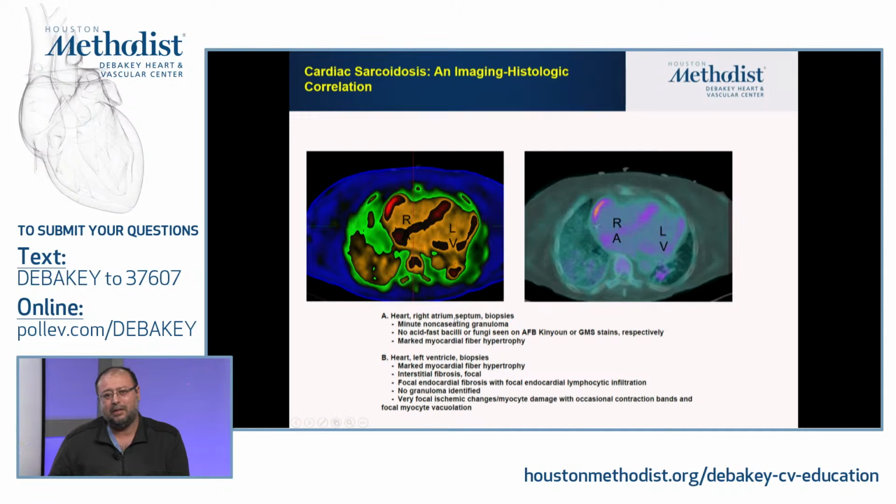The right atrial septum turned out to be positive, while the 8 biopsies from the LV were negative for sarcoidosis, which tells you about the difficulty of establishing the diagnosis based on cardiac biopsy, because many of these patients have potentially either diffuse fibrosis from multiple attacks or very patchy disease that you may not be able to catch, especially if your biopsy is blinded on the RV side of these patients.